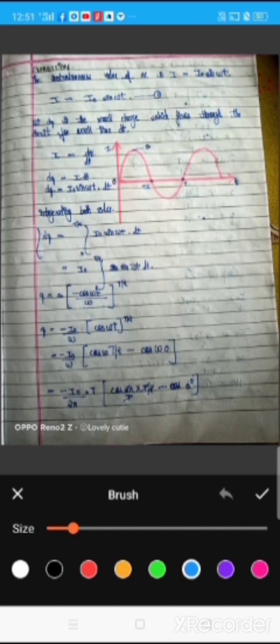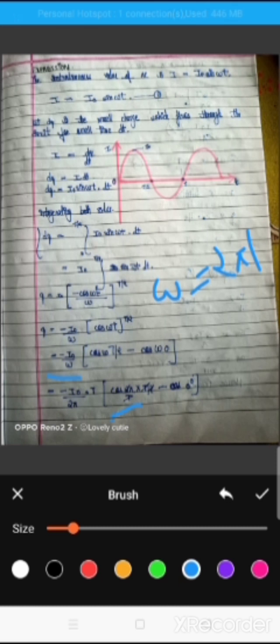Now see, here was omega earlier, so omega is equal to 2 pi upon T. Here it was earlier in division form, so T will go to the numerator and 2 pi will remain in the denominator. In bracket cos 2 pi upon T into T by 2 and minus cos 0 degree. T will cancel out with T, and the 2.